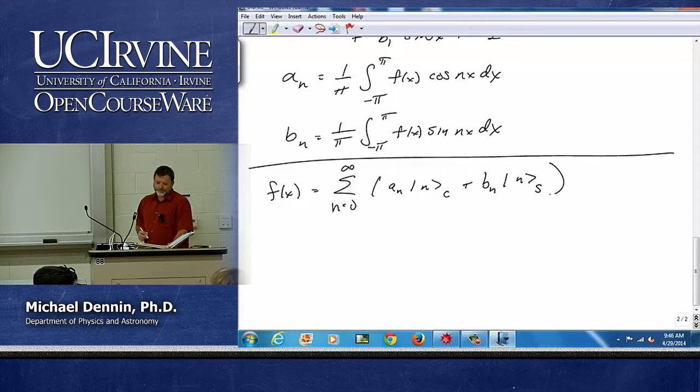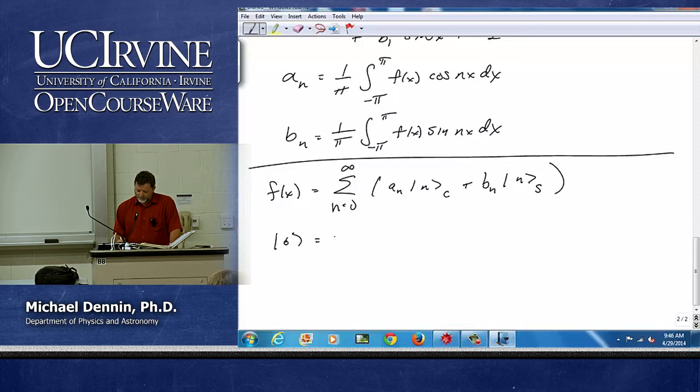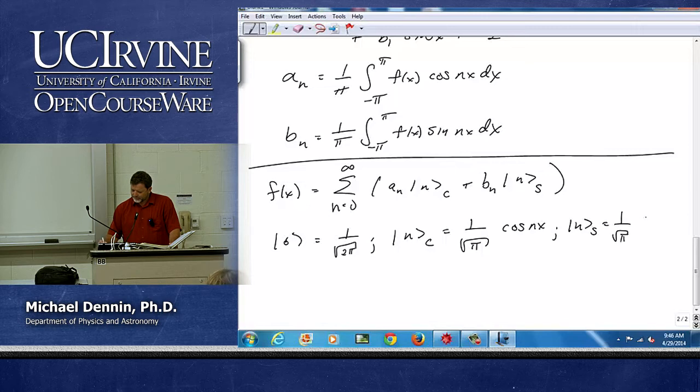Where the 0 is that function, the n cosine for n greater than 1 is that function, and the n sine for n equal to 1 or greater is that one.